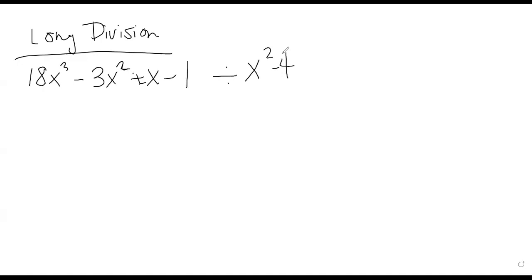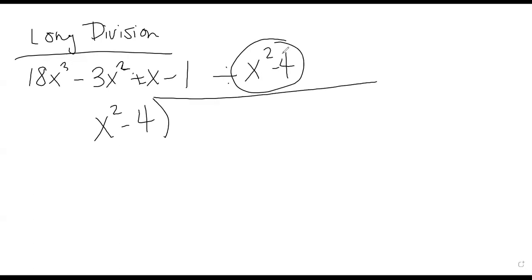So my x squared minus 4 goes on the outside. And then on the inside, that's not going to give me much room. Let me rewrite it. I think I need to write it on an entirely different sheet.